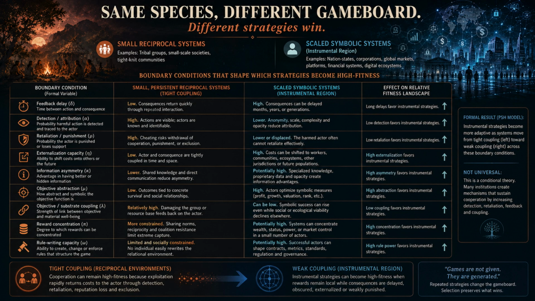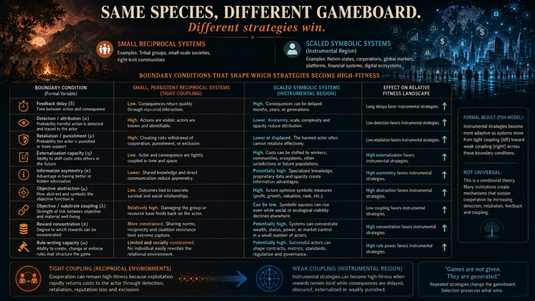Accountability or liability can be dispersed through an organization, through abstraction, and I can externalize most of the loss while retaining or concentrating the reward. So getting reward has low risk for me when I deploy an instrumental strategy. So the expected cost of the same instrumental move collapses. That's the PSH argument in mathematical language.